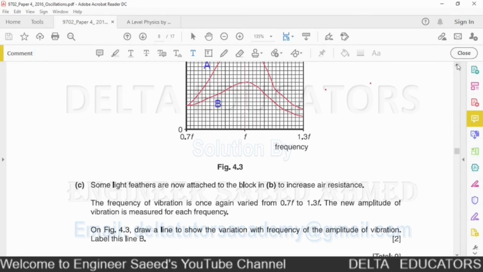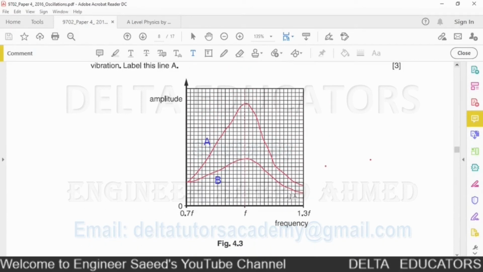So what we have to show here is that with the increase in load, with the increase in weight, the amplitude will be decreased. Before, the amplitude was up to this height. Now with the increase in load, the amplitude will be decreased. So the peak position in the second case will be less than the peak position as compared to the previous one. Again, when we start from 0.7 and move to the natural frequency, its amplitude will be increased.